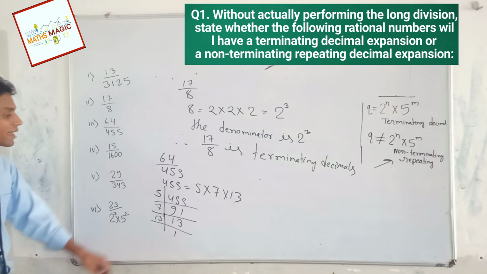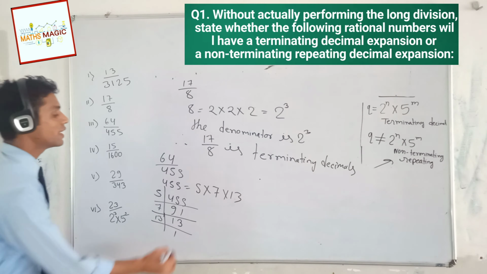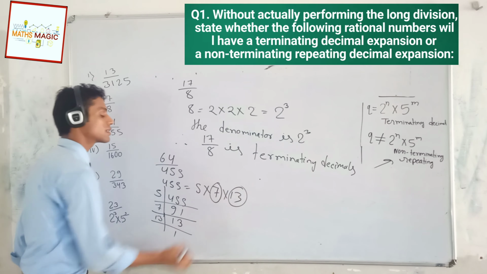Now see, is this of the required form? No. Why? Because here is 7 and here is 13.